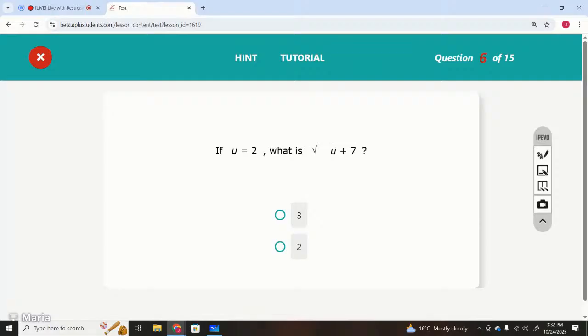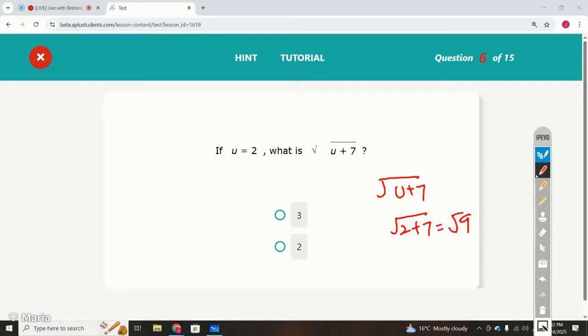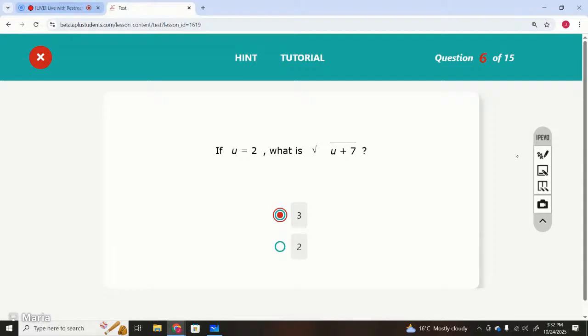If u equals 2, what is the square root of u plus 7? That is 2 plus 7. Square root of 9 it is. That is 3. Option number 1 is the correct option.